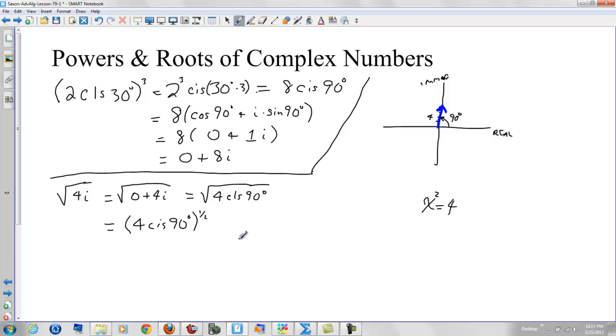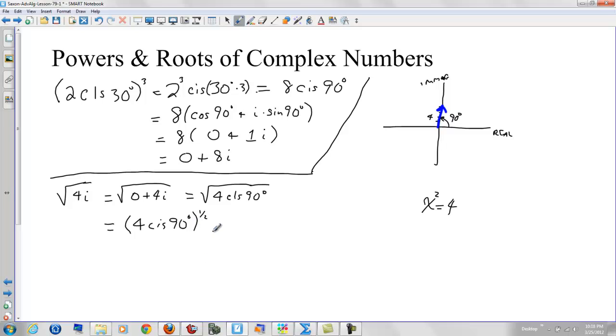We have only dealt with one of the 3 cube roots to this point in our math career, and that has been the real version of the cube root. However, there are 2 imaginary cube roots that accompany that, for all real numbers. So I need to get 2 answers here when I raise 4 cis 90 to the 1/2 power, and it doesn't seem like DeMoivre's theorem will allow us to do that.